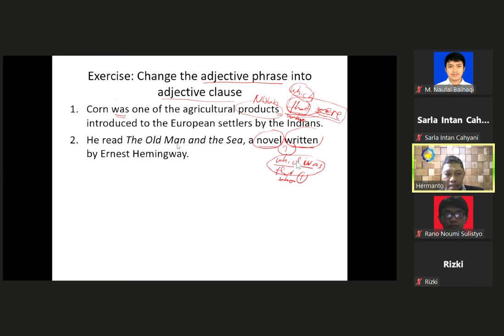There is another place here. Okay, now he read, what is it? Something. Okay, The Old Man and the Sea is something, the title. Okay, it is noun. And a novel is noun. And so there must be something missing between these two nouns.